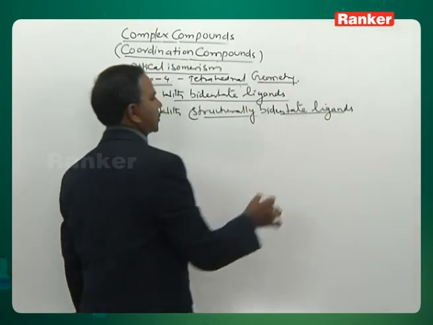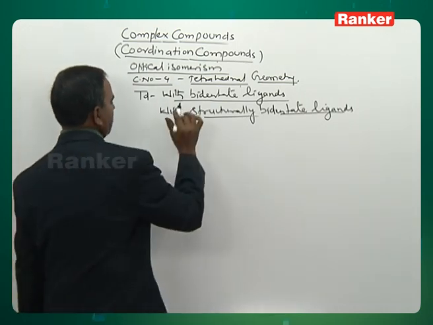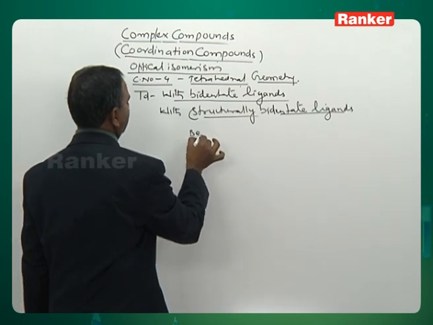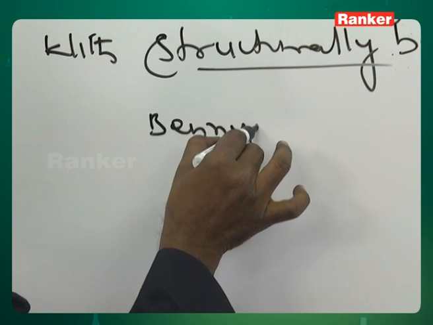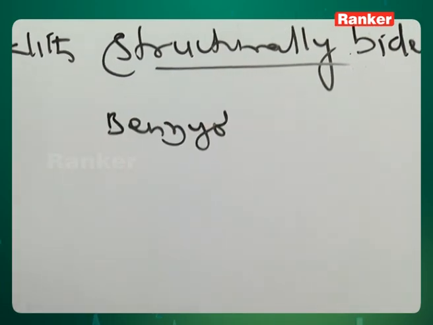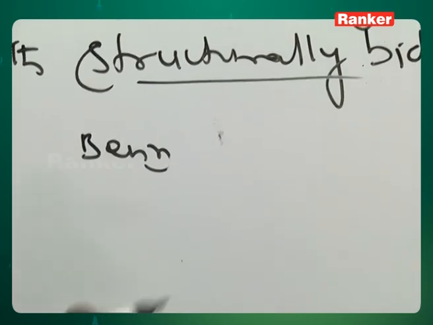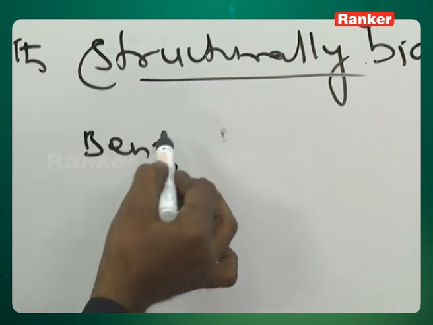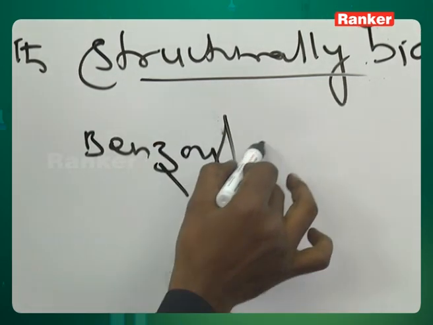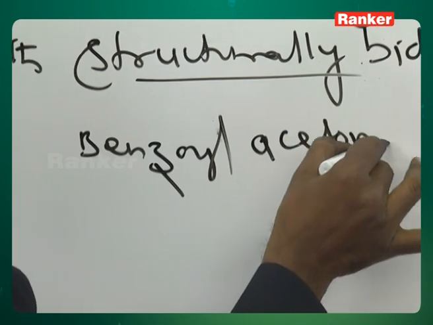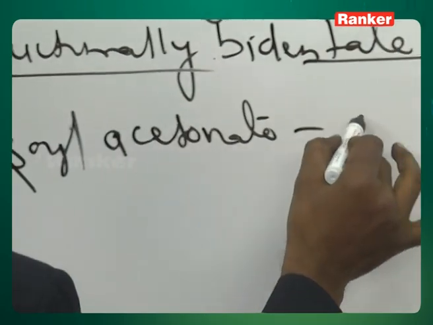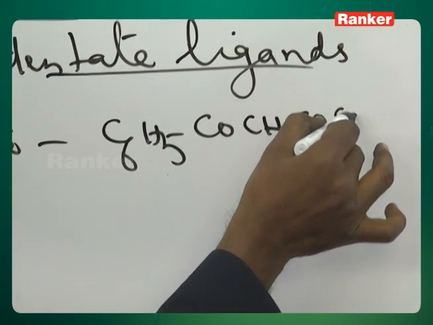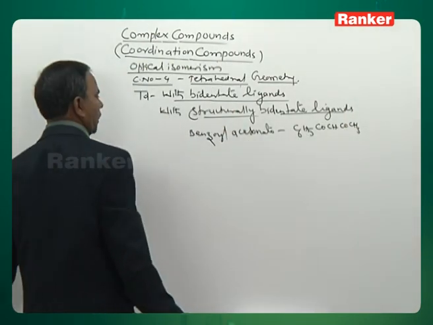What are these structurally unsymmetric bidentate ligands? Take examples. One is benzoylacetonato, C6H5COCH3.